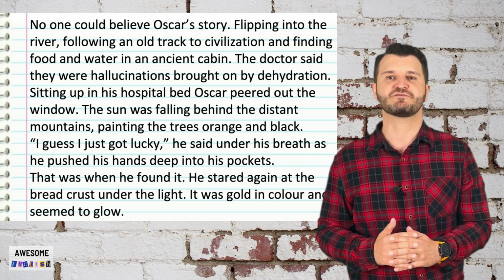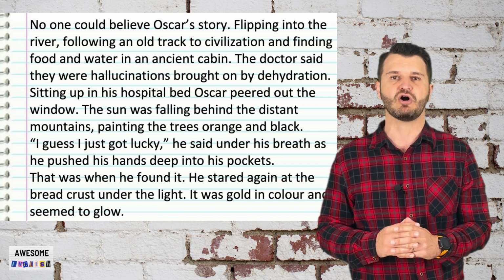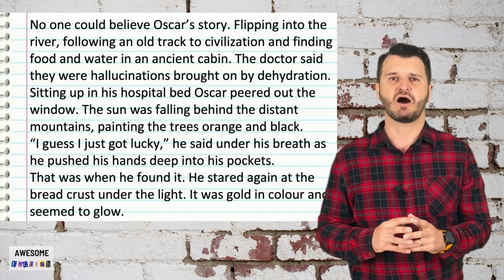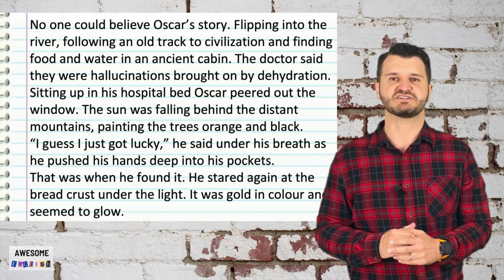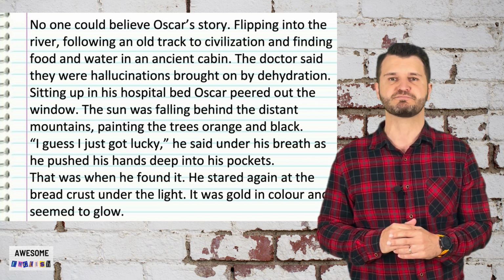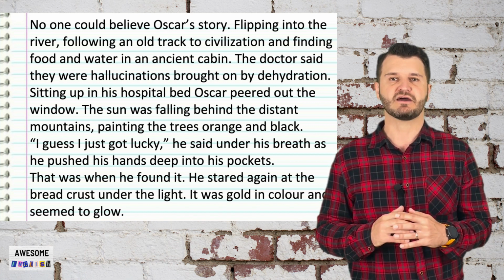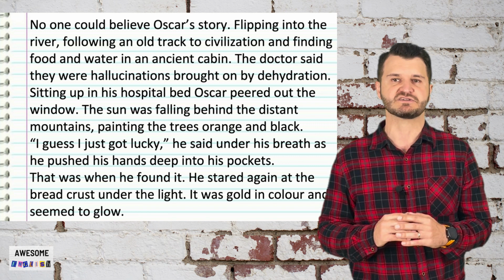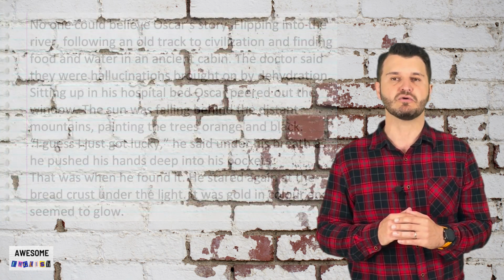The sun was falling behind the distant mountains, painting the trees orange and black. "I guess I just got lucky," he said under his breath as he pushed his hands deep into his pockets. That was when he found it. He stared again at the bread crust under the light. It was gold in color and seemed to glow.